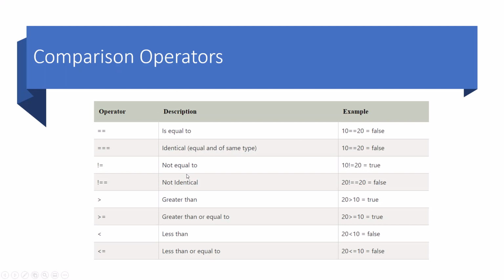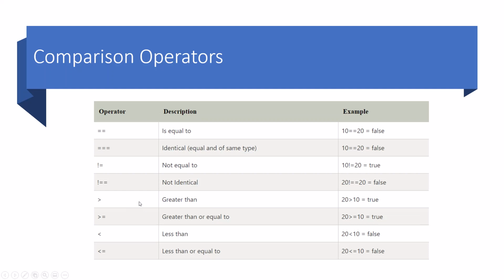And then next is not equal to. If we check a comparison and it is correct, then it will return true, and if it is not correct, then it returns false. Then not identical means if two values are not identical, the output will come based on that.